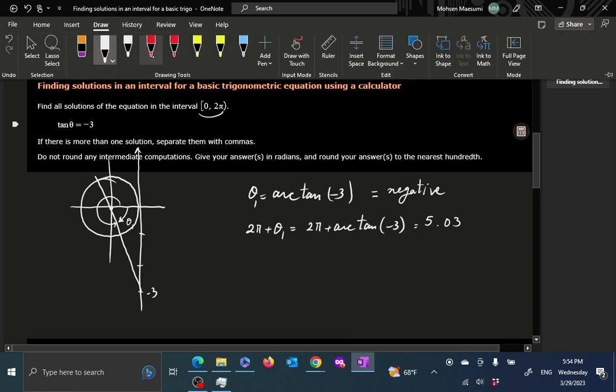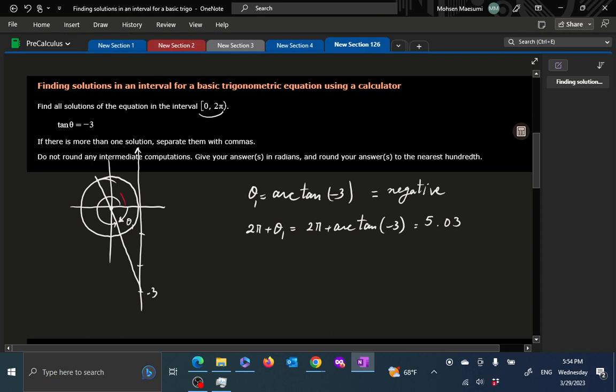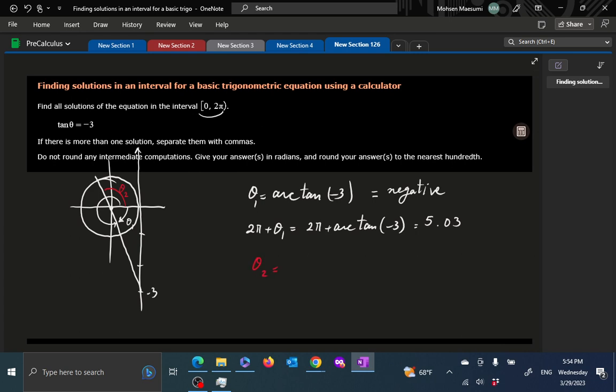Second one, so who is this? So let's call that angle theta 2. Theta 2 is going to be pi plus theta 1.